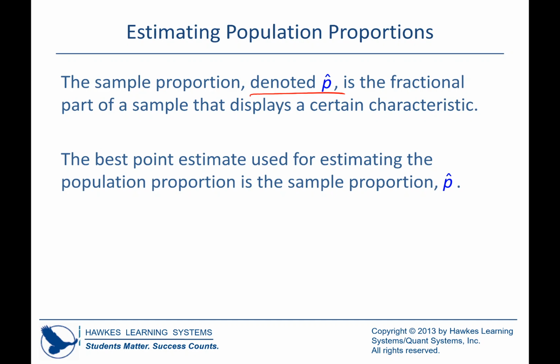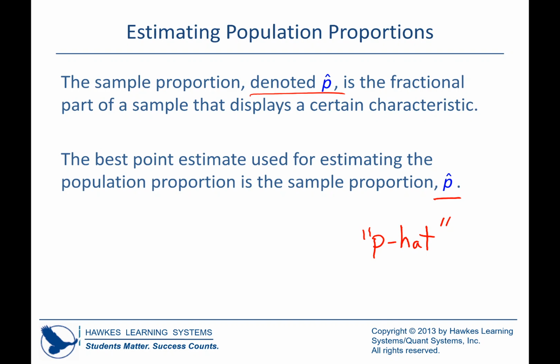The way we read that is we just call it p hat. So we've got x bar and now we've got p hat, our sample proportion. Same idea, we're just dealing with sample data.